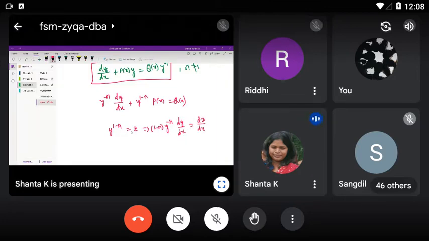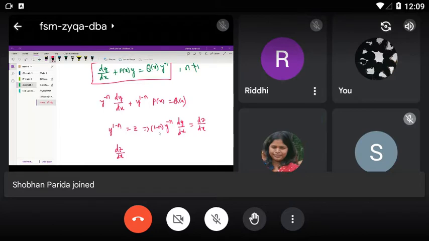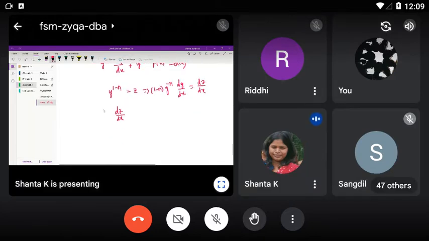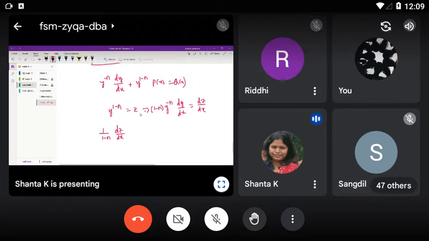Okay. Now if you substitute, you see y power minus n dy by dx, so here it will be dz by dx. We have here 1 minus n in the denominator. Okay. So we have 1 by 1 minus n. Now this one is p of x, y power 1 minus n we have substituted here as z, and this is q of x.